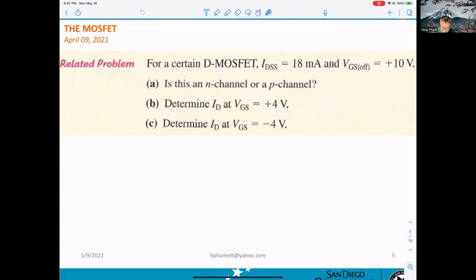You can tell me the answer quickly. The answer is P channel, because VGS off is positive. And then you're doing the calculation for me: at B, what does ID equal?